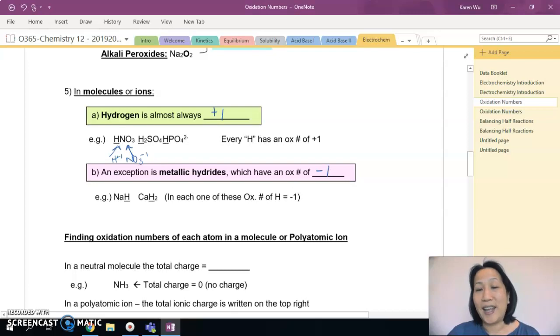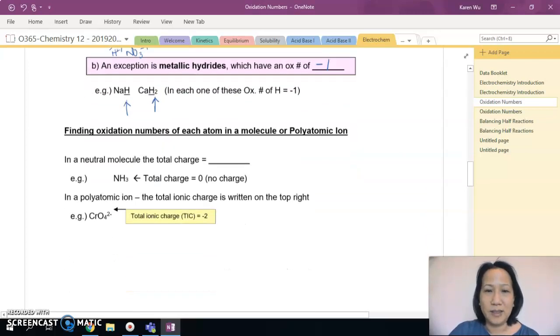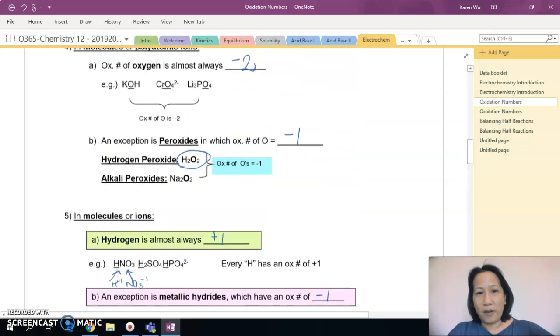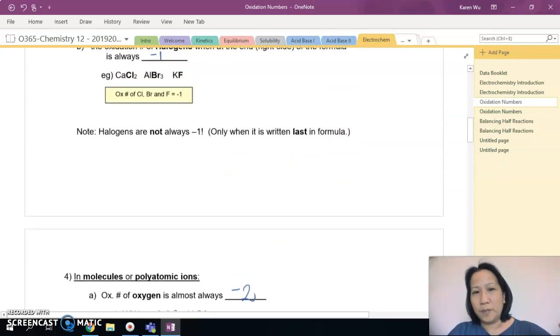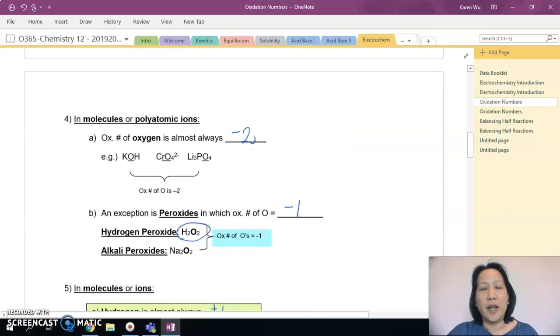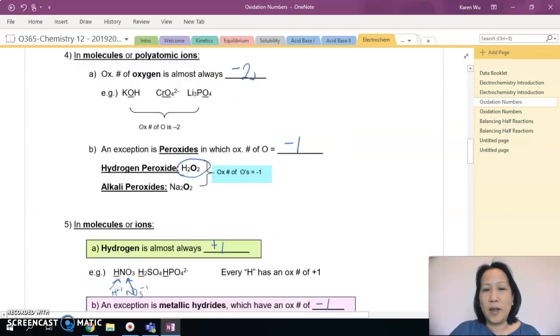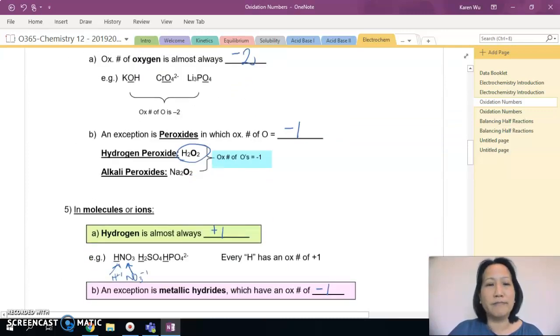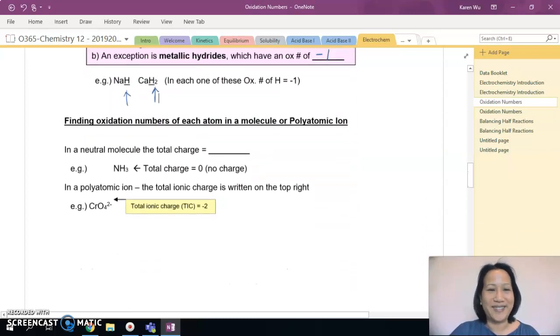Hydrogens can be a -1 when you see them in the formula at the end. When it's at the end, then it's acting as a hydride. Unusual, cool. So far I've gone through very common charges of alkali metals, halogens, oxygens and so forth, and then a couple of exceptions to the rules.